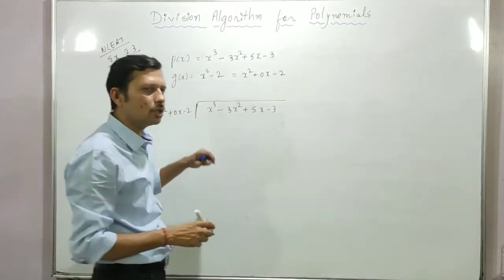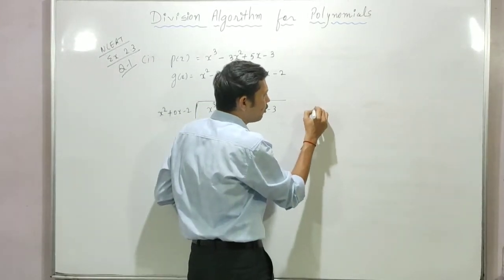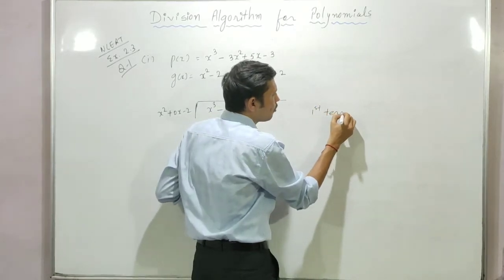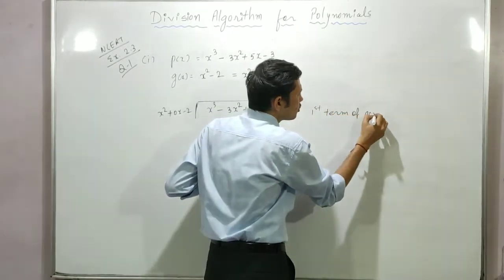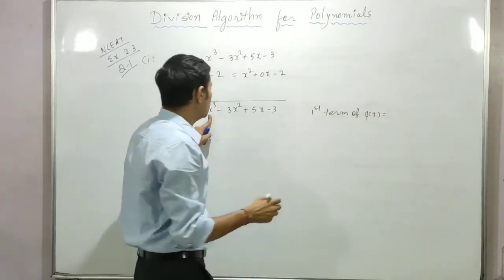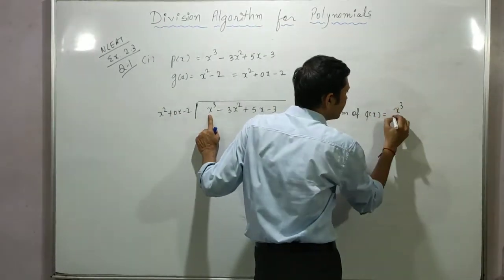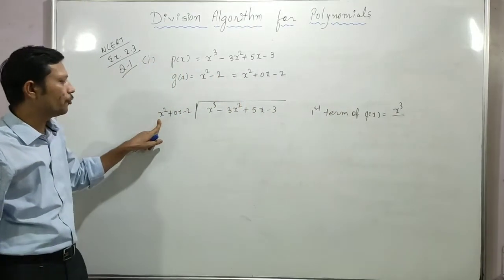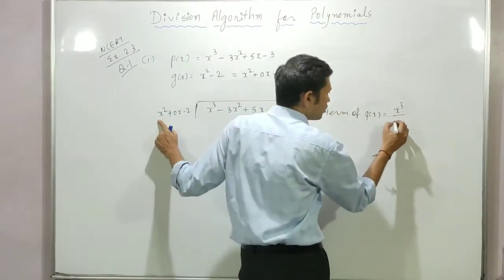So the first term of the quotient can be derived like this. For the first term of the quotient, we have to divide the first term of the dividend by the first term of the divisor.